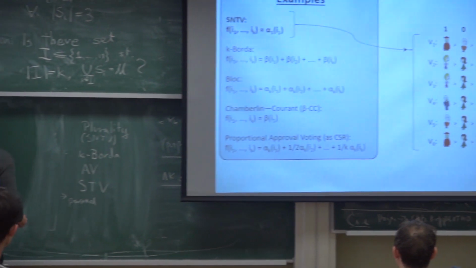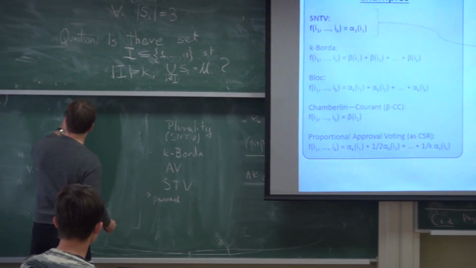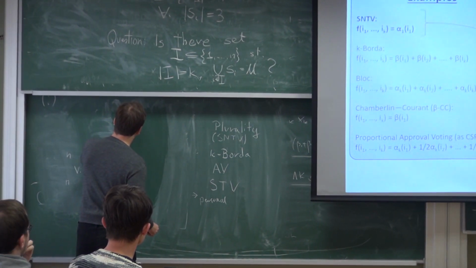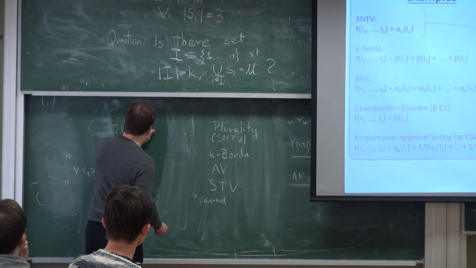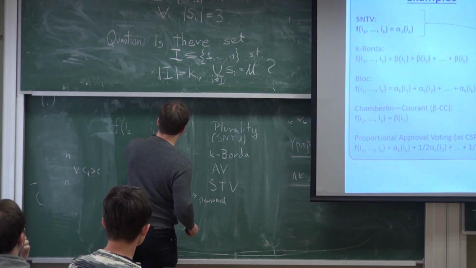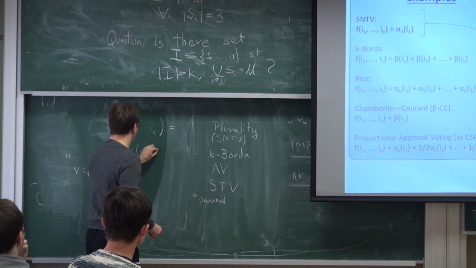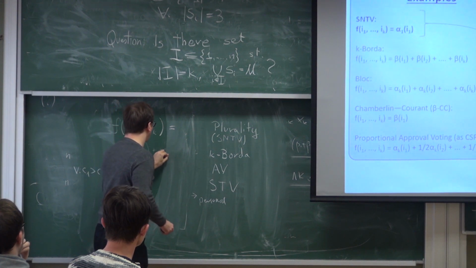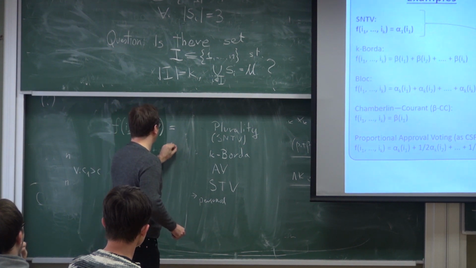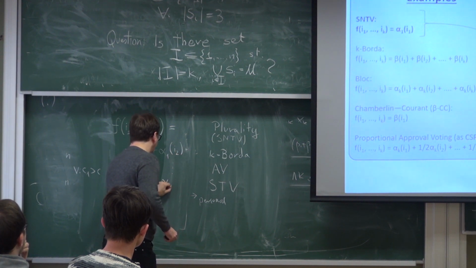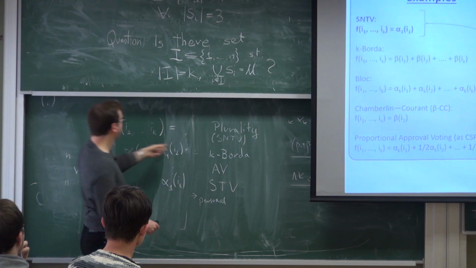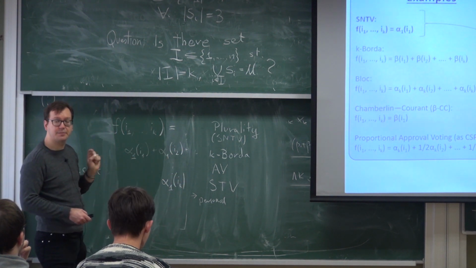I could also write that the scoring function of i1 through ik is equal to approval score 1 of i1 plus approval score 1 of i2 plus so on, approval score 1 of ik.